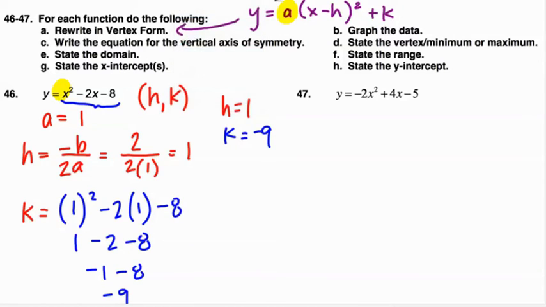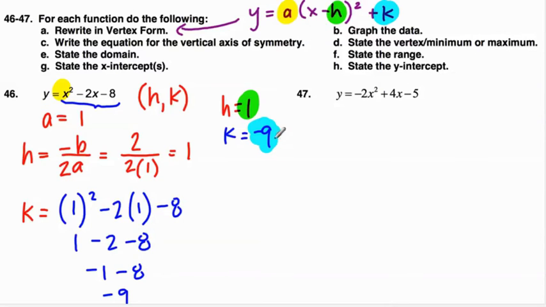Now I have all the parts that I need for vertex form. I have the h value, I have the k value, and of course I was given the a value in the very beginning of the problem. So in vertex form, our equation is y equals 1 times the quantity x minus 1 quantity squared minus 9.